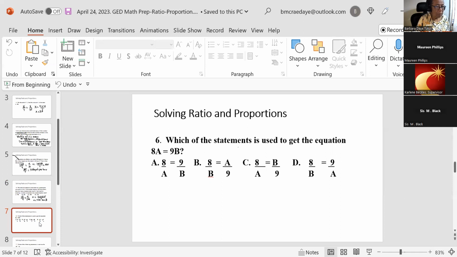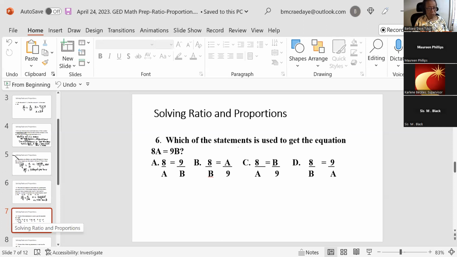Okay, you could try number 6, Mercedes. Do number 6, come on. That's right, Maureen. You're absolutely right. Which of the statements is used to get the equation 8a equals 9b? Now, 8a means 8 times a, 9b means 9 times b. And you have proportions set up here.